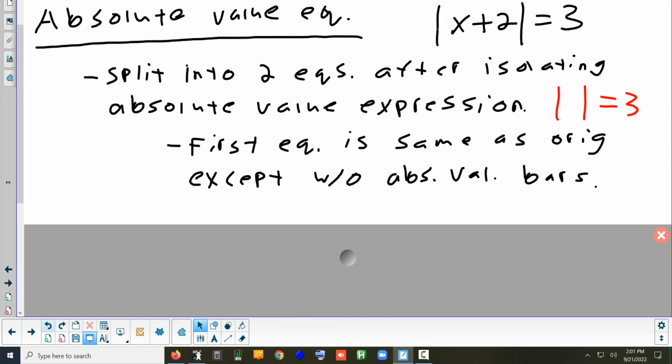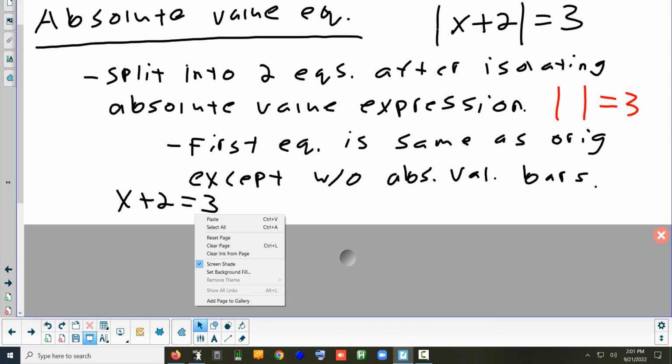One of them would be the same problem, just take away the bars. Either what's inside there can come out to 3, or as Tony said, it could come out to -3. Either way, if it came out to 3 inside the bars, or -3, when you take the absolute value, it would still be 3.